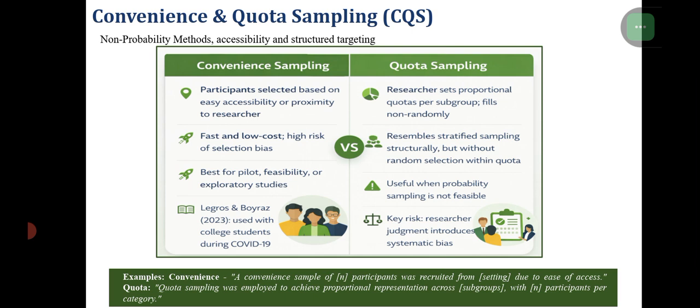But the selection method, selecting the participants to make up each of those subgroups, is based on convenience. It's not based on the simple random sampling that was mentioned before in stratified. In this case, you use a non-probability method to recruit the participants to the study.